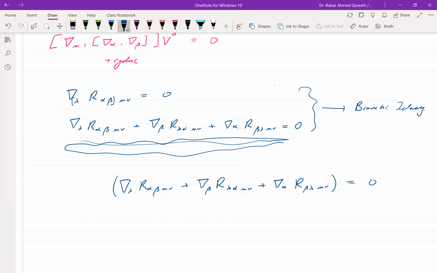You contract two indices over here. I'm going to contract this first index, looking at the first term over here, this lambda with this guy, mu, and then I'm going to contract this nu and beta.